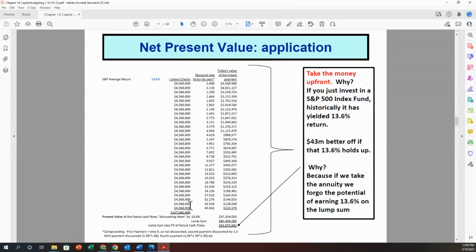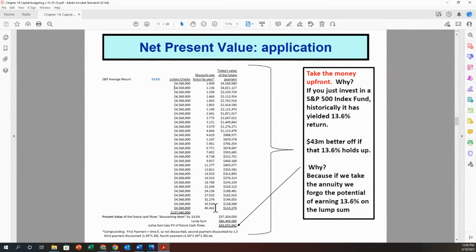Okay, and we just go back to year 30, we do the math. That $4.5 million in year 30 is only worth $113,176 today, because I've taken into account the time value of money.